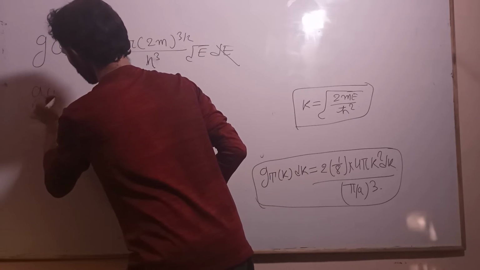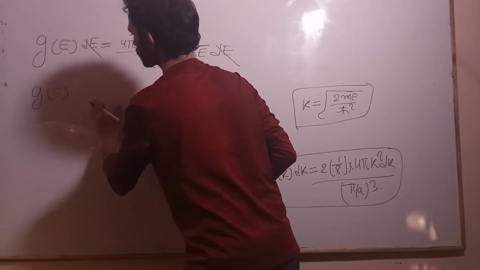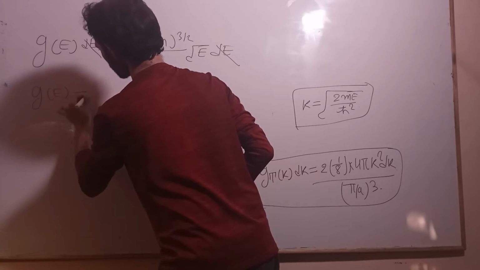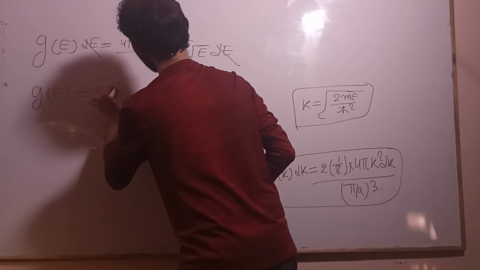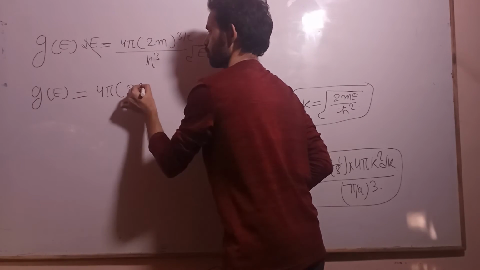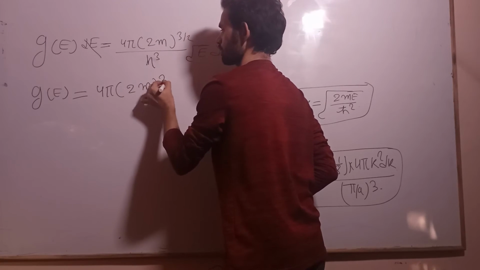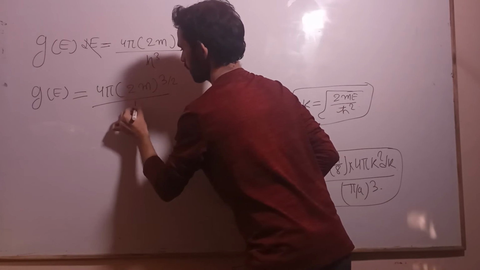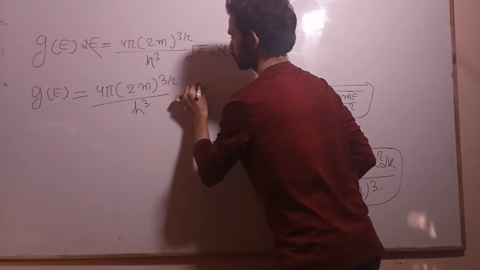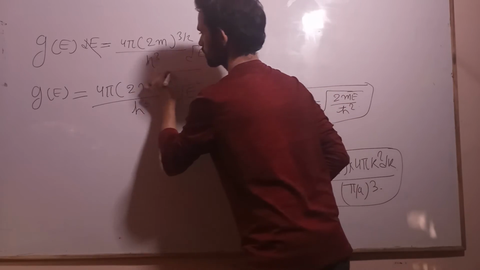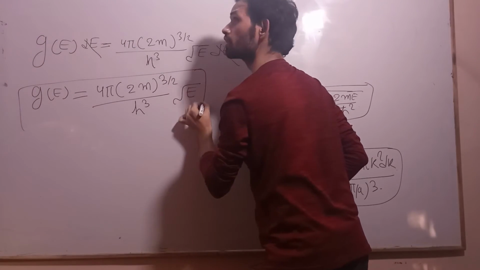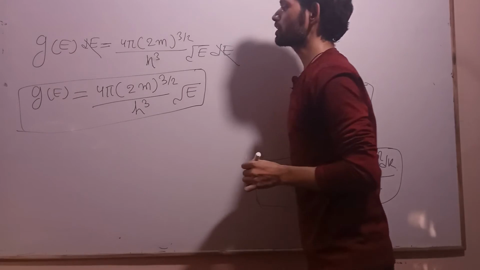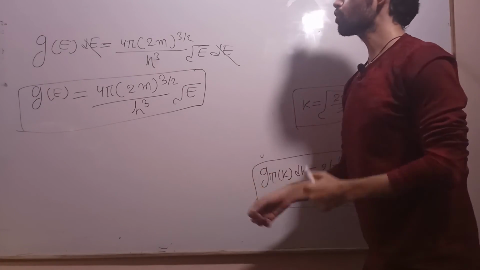Now see here, this dE will get cancelled, and we will get total density, total allowed quantum state. Okay, so g of E is equal to 4 pi (2m) to the power 3 by 2 divided by h cube into square root of E. Okay, so this is my density of quantum state.